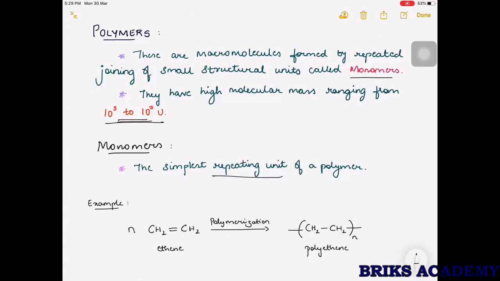In this reaction, n number of moles of ethene, when it is polymerized, forms polyethene of n number of moles. Here, ethene, which is on the left side, is nothing but a monomer which joins to form polyethene, also called a polymer.